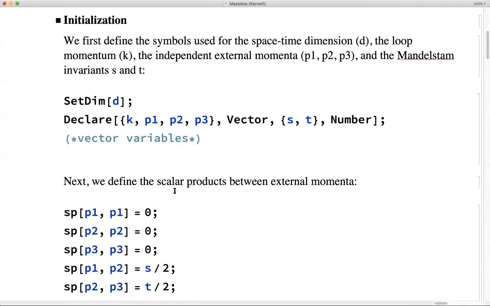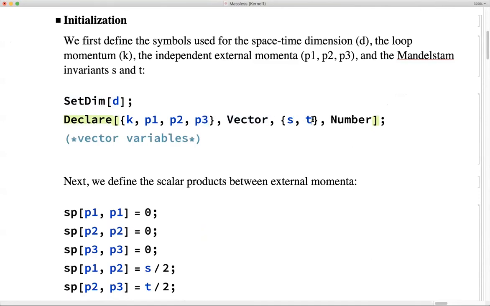So I've just loaded the code. Now the first thing is that you have to define all the quantities. You have to read the manual to see the details, but first I have to define which symbol I use to denote the space-time dimension. I have to define which quantities are vectors, which quantities are Lorentz scalars. So K will be my loop momentum, P1, P2, P3 are my external momenta, they are vectors.